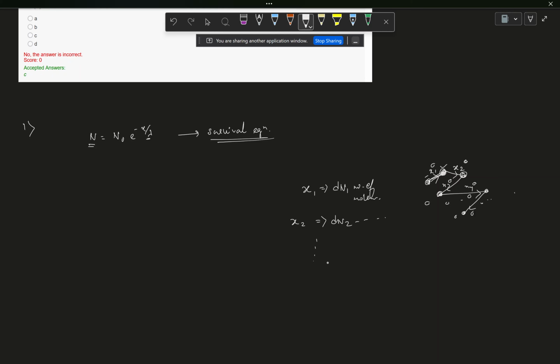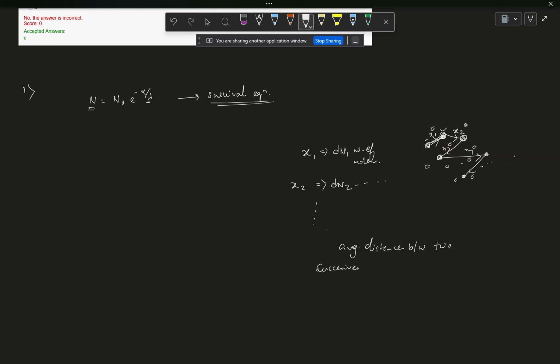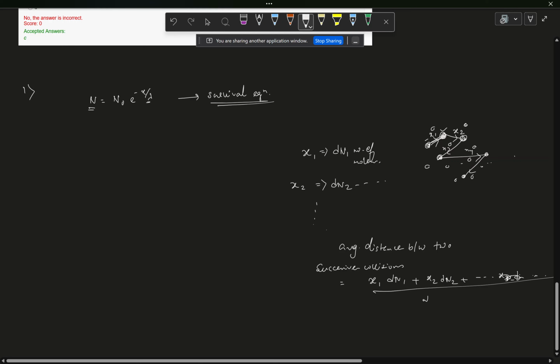If you keep doing this, the average distance between two successive collisions equals x1 dn1 plus x2 dn2 plus x3 dn3, up to xn dnn. It can continue as far as the number of molecules present, divided by the total number of molecules, dn1 plus dn2 plus so on.